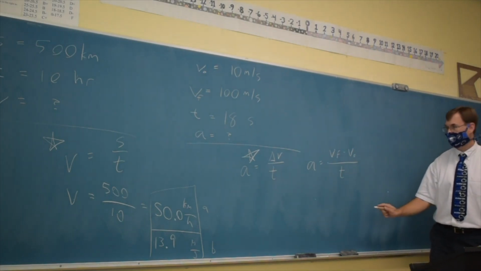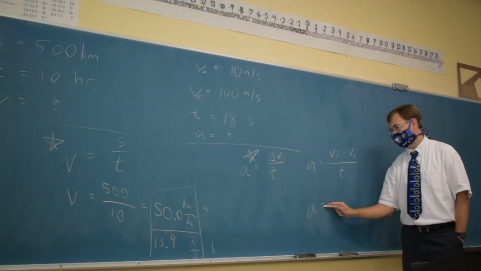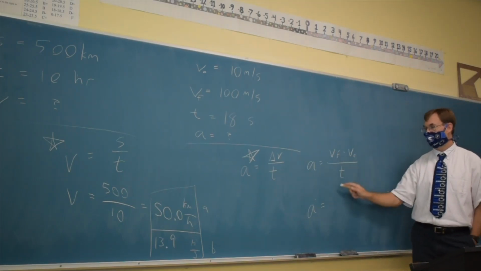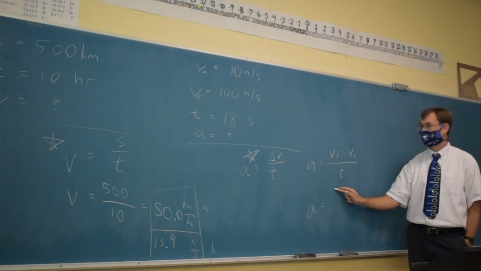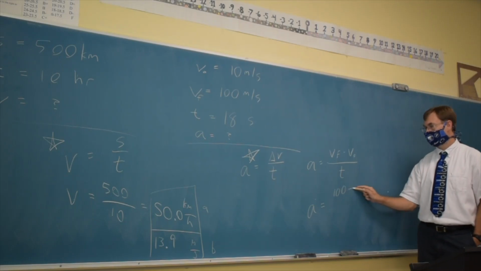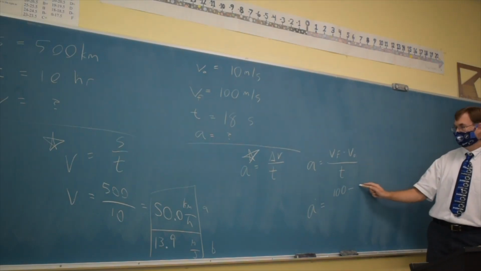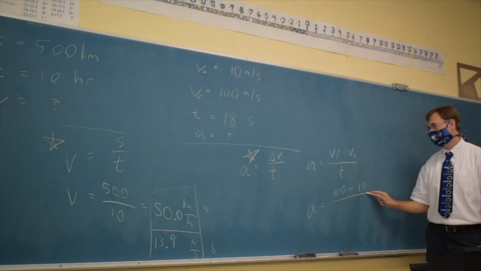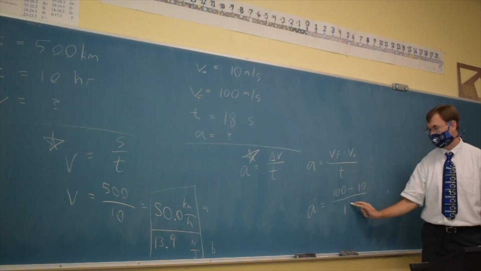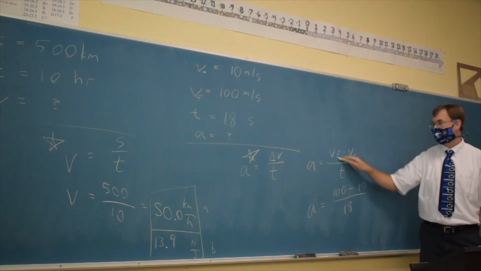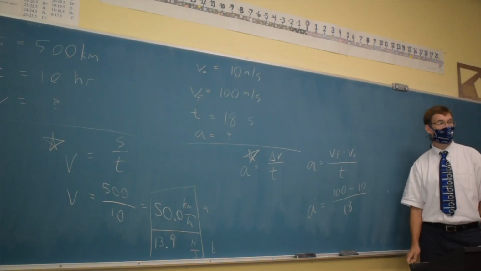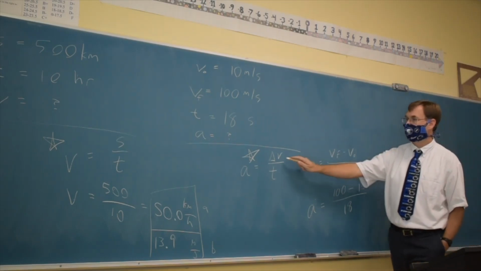Just stick the numbers in. We don't know the acceleration. We do know final speed, 100. We do know original speed, 10. We do know time, 18. I would probably not use that one personally. If you like that, that's fine. I'd probably use this one.